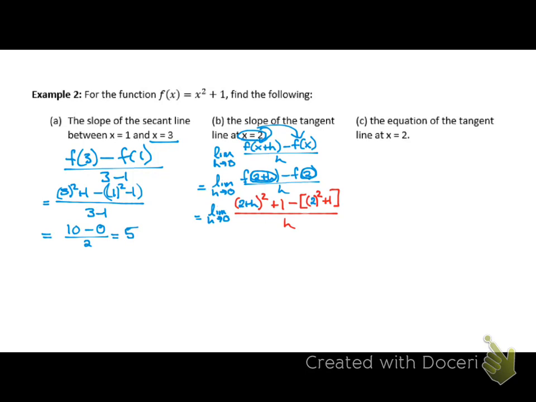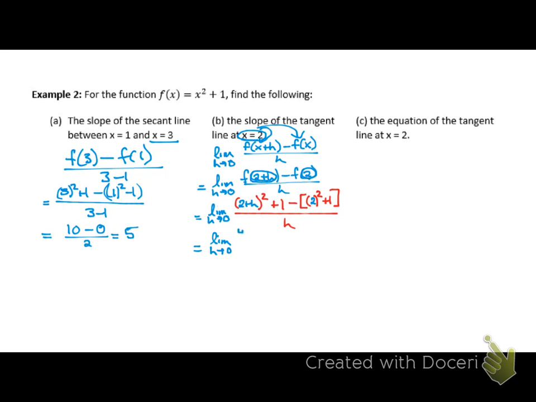So now we'll simplify. So you have the limit as h approaches 0. Notice I have not stopped writing the limit as h approaches 0, because as I simplify and as I plug things in, it's the limits that are equivalent, not the equations. All right, and you'll see what I mean when I start canceling stuff. So we have 2 plus h squared. Well, that's double distribution.